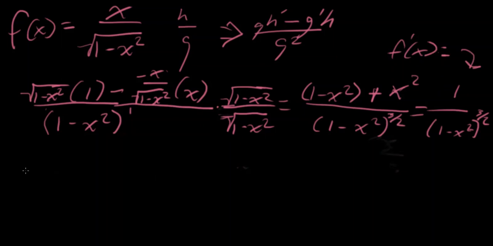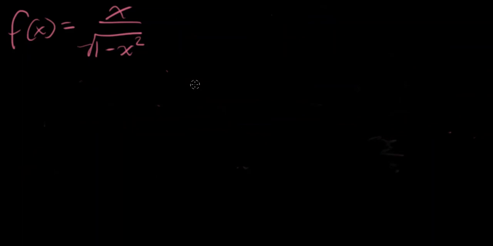But now, could we have done this a different way? Can we try and do this using the product rule? So now here, we can rewrite this as x times 1 minus x squared to the negative 1/2 power, right?